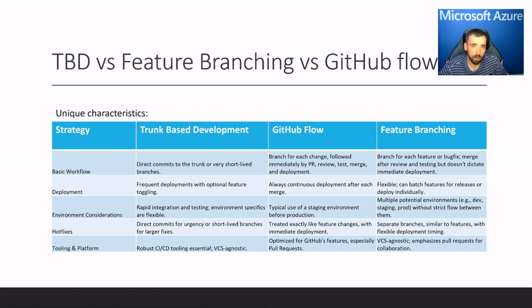Two of them are more traditional, but still applicable today. There are still definitely use cases for these branching strategies. But these three, TBD, feature branching, and GitHub flow, are considered to be the most agile, modern approaches.